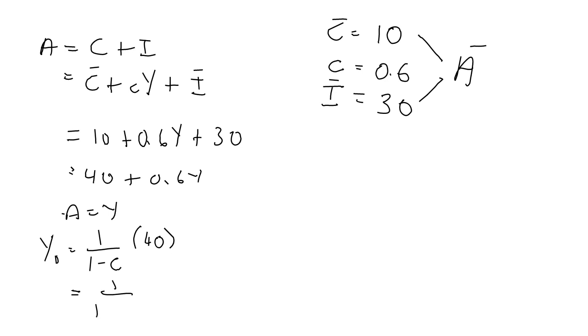So this is 1 over 1 minus 0.6 times 40, and if we continue on this path, this is 1 over 0.4 times 40. If we put that into our calculators, let me know what number you get. What number do you get as a result of putting that in your calculator?